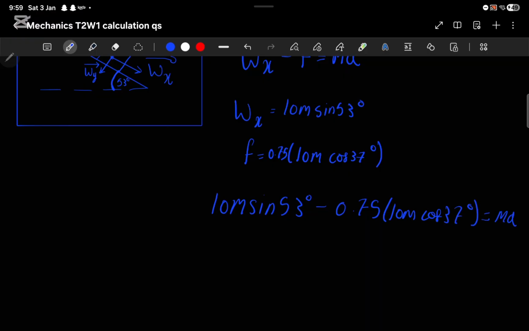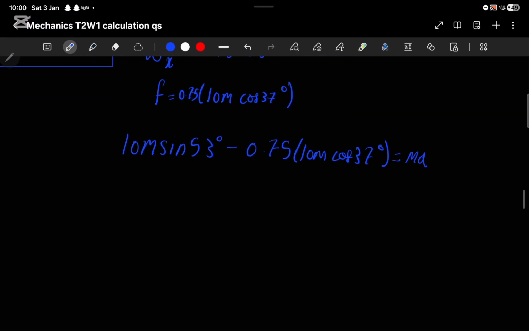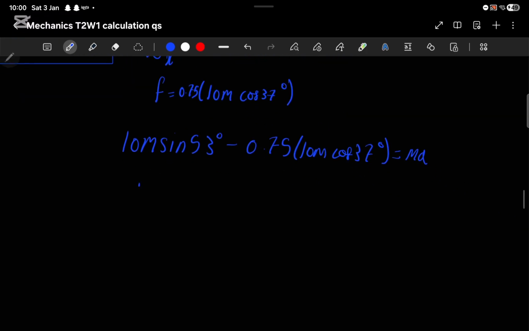Now, I can factor out m from this. So I can write m multiplied by 10 sine 53 degrees minus 0.75 into 10 cosine 37 degrees equals to ma.